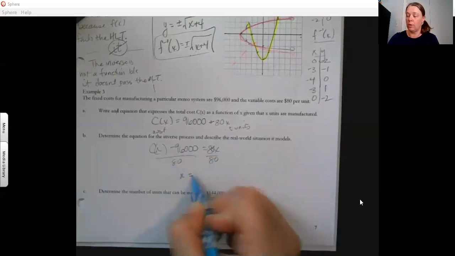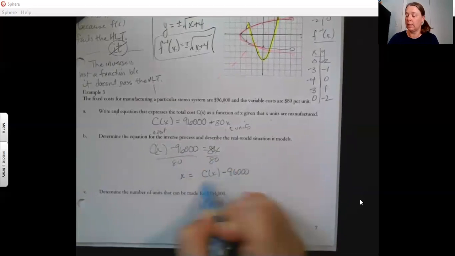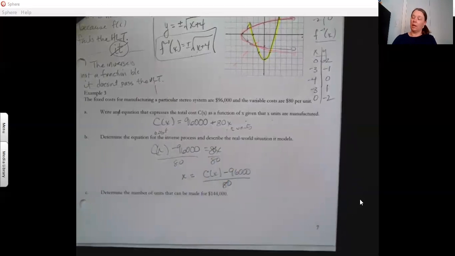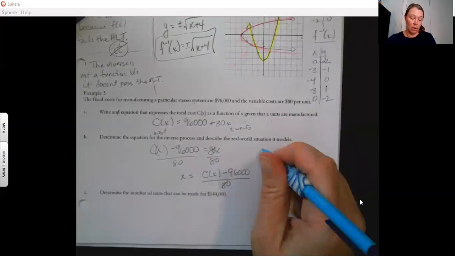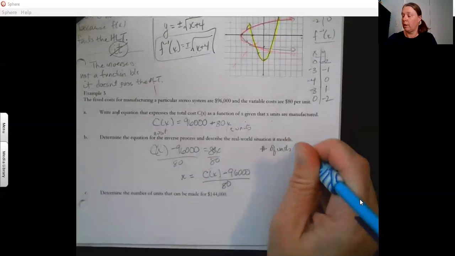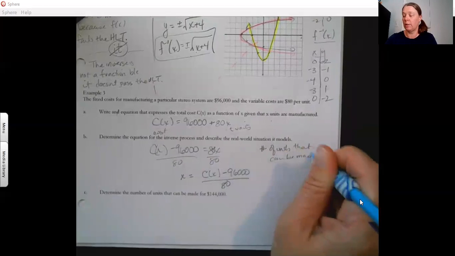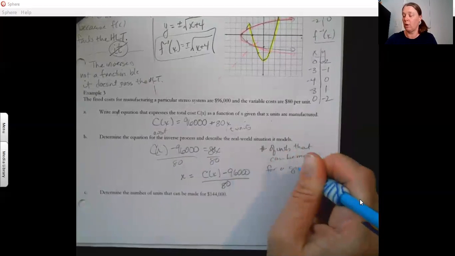So x equals the cost minus 96,000 divided by 80. Okay, so it's the number of units that can be made for a specific cost. So for a given cost.